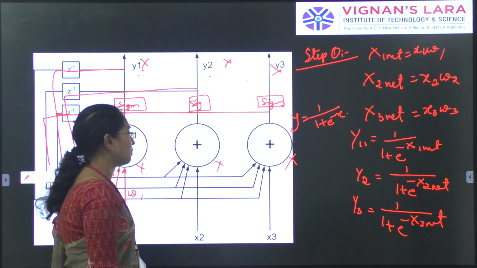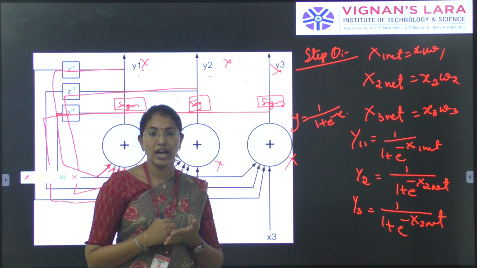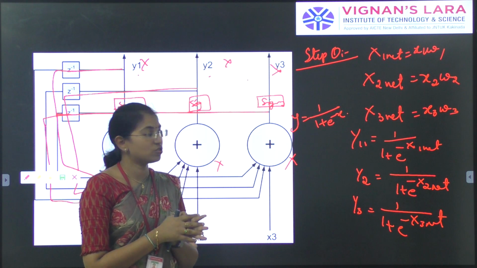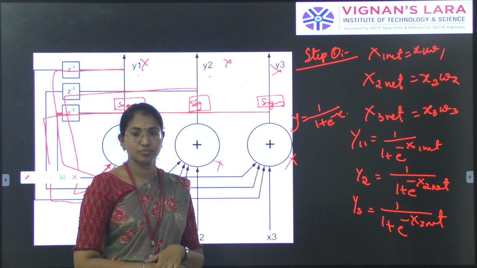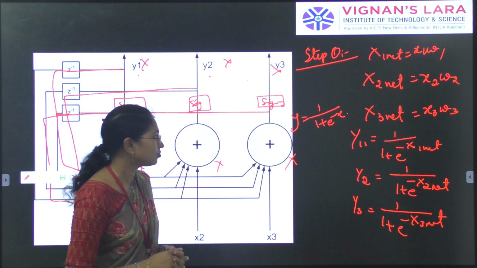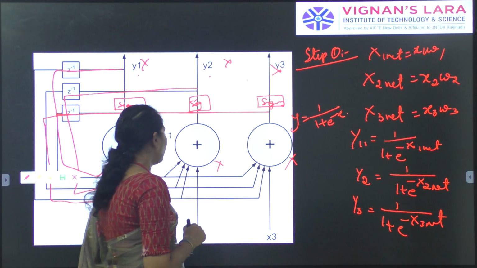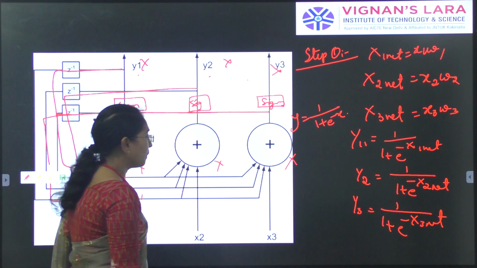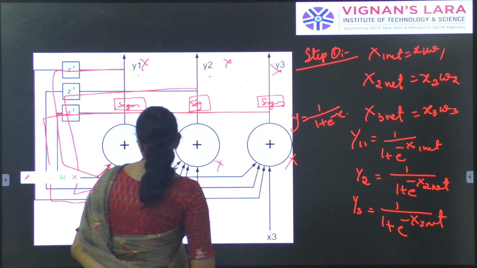In the same way, y1, y2 and y3 are fed as inputs for the second input, and likewise all three are fed as inputs for the third input. Now again find x net, x1 net. What is your x1 net?